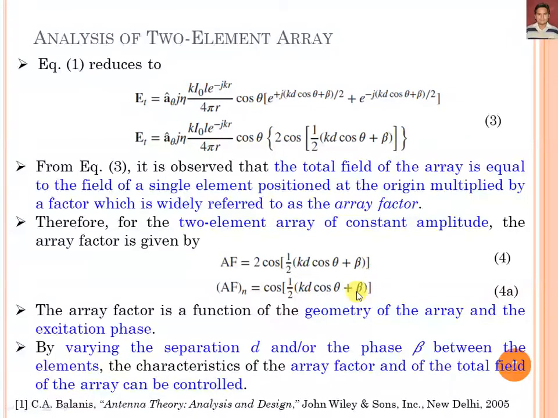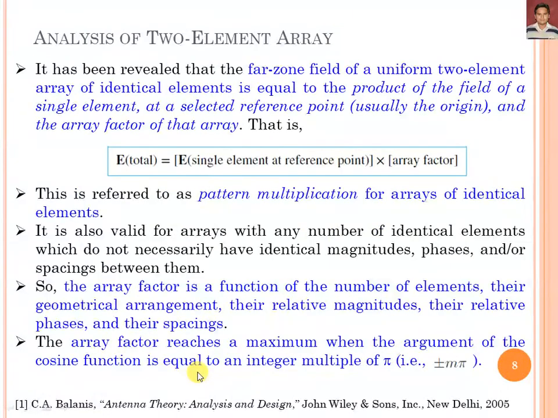Beta is the phase shift or excitation phase, and it depends on d. By varying the separation distance d, and or the phase beta between the elements, the characteristics of the array factor and the total field of the array can be controlled or altered.